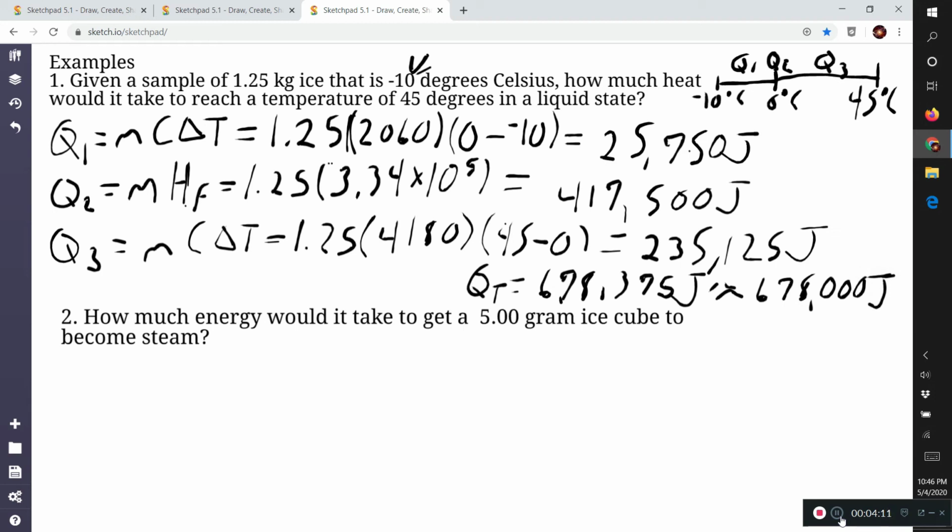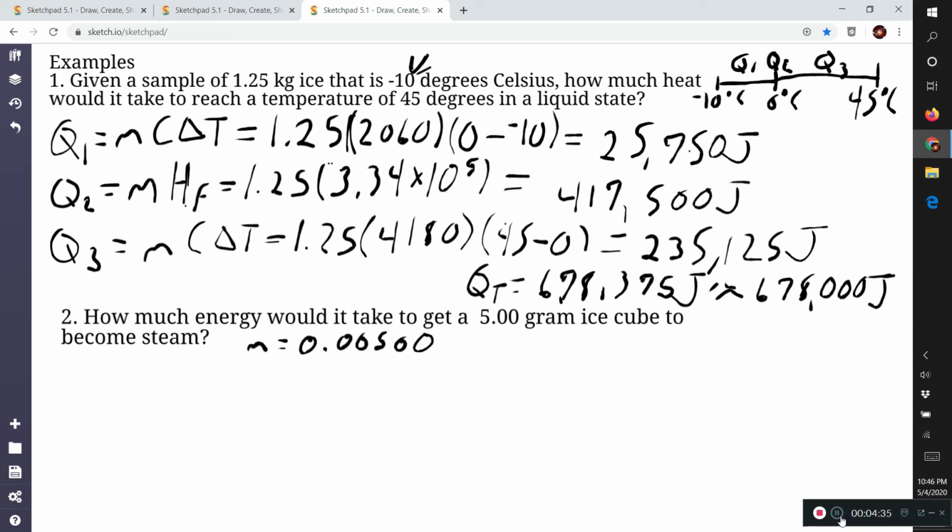All right, next part. How much energy would it take a 5 gram, well, we don't like grams, so we're gonna have to convert that to kilograms. So we're gonna be talking about a mass of 0.00500 kilograms, an ice cube, to become steam.